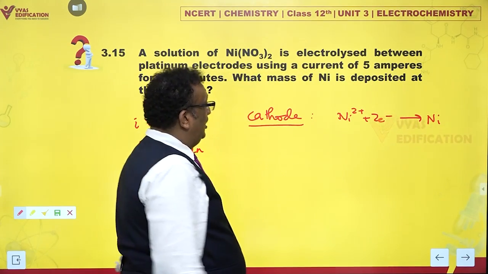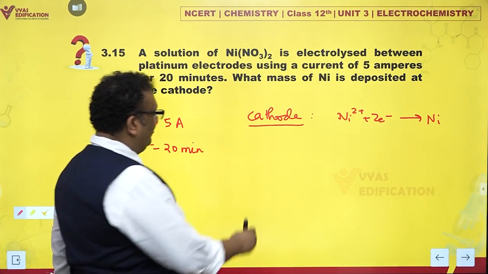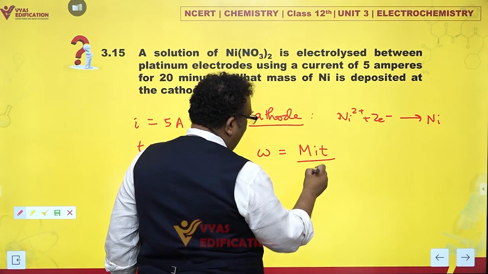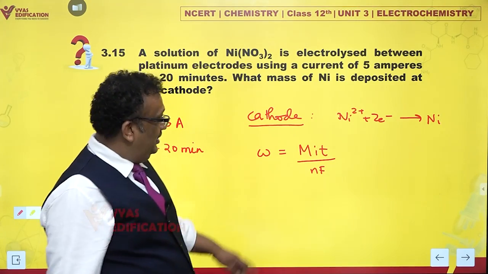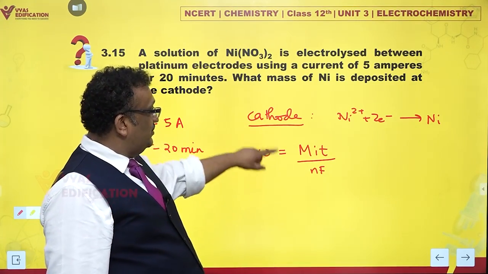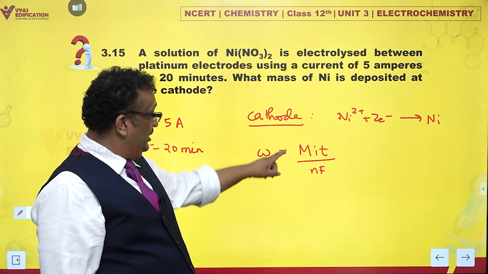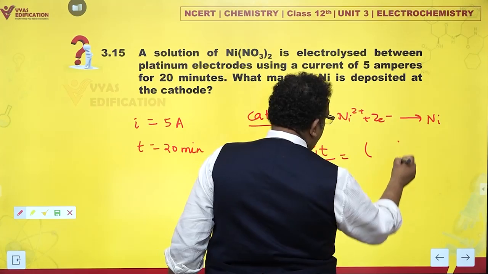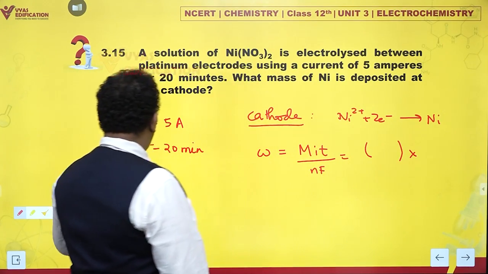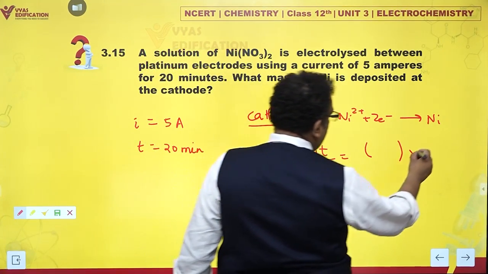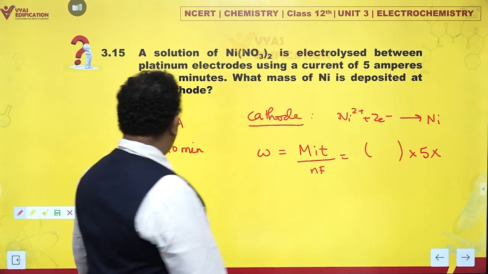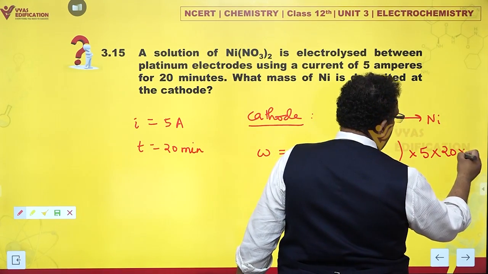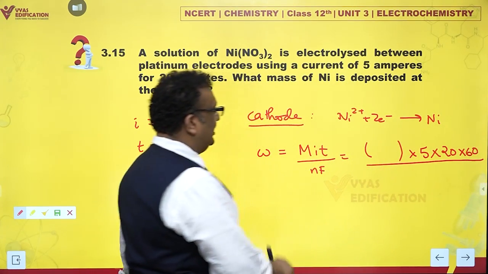And as per the formula for Faraday's first law, W is MIt by nF. M is atomic or molecular mass of the substance deposited or dissolved. In this case, Ni is deposited, and the atomic mass of nickel we would need here, into current I. Current I is 5 amperes into t. Time is 20 minutes. We need to change that in seconds. So 20 into 60 seconds.